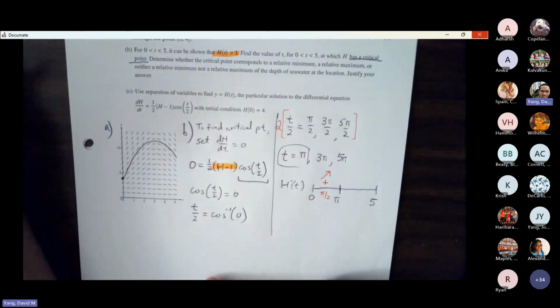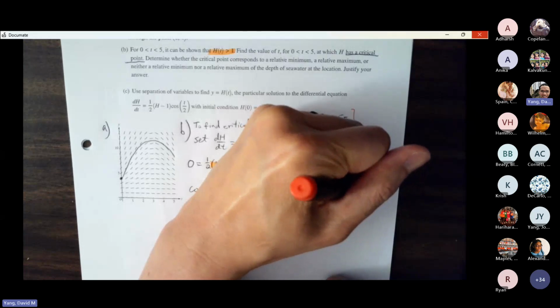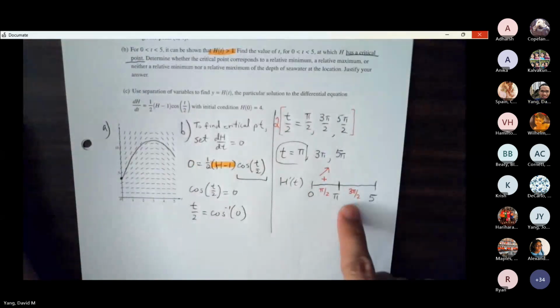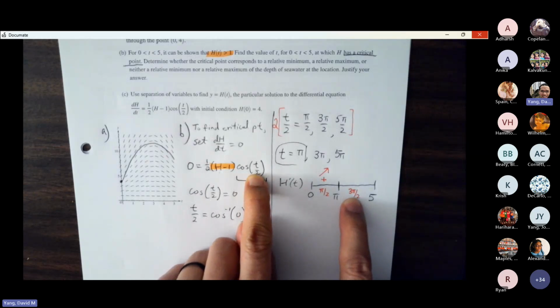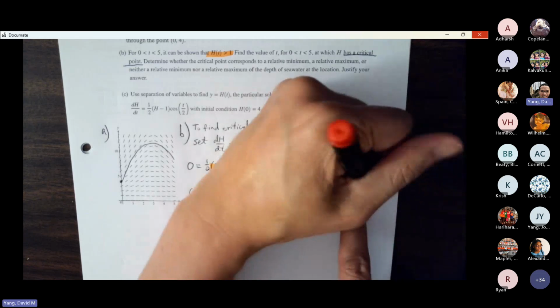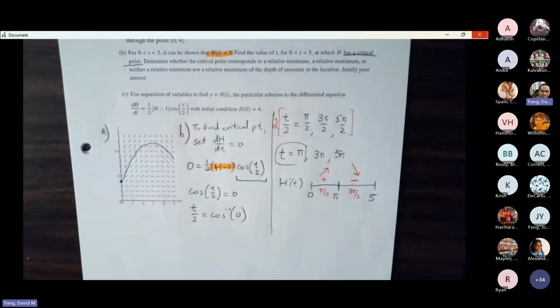And then between pi and 5, I can choose 3 pi over 2. I plug 3 pi over 2 in, and I get cosine of 3 pi over 4. And we know cosine in the second quadrant is going to be negative. So we know that at pi, we must be looking at a relative maximum.